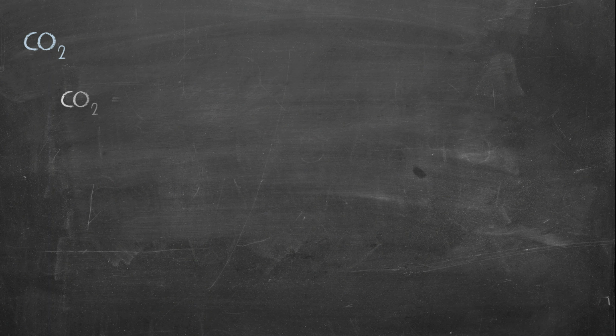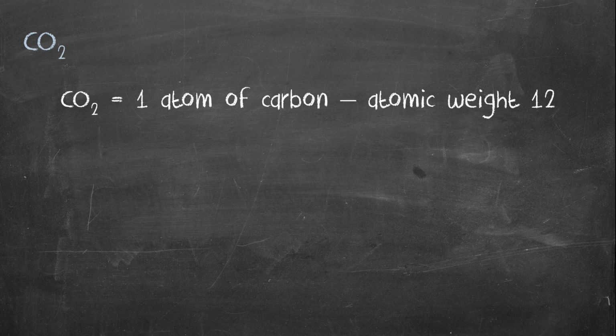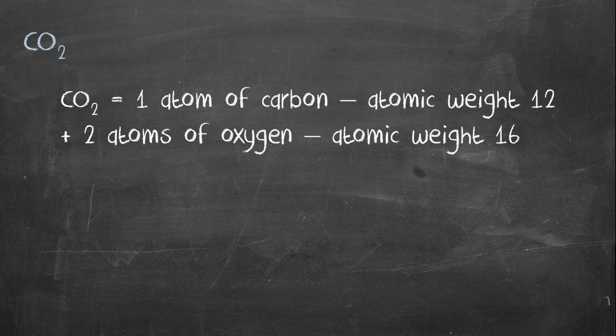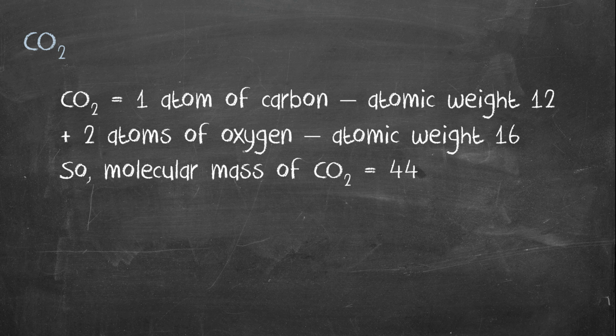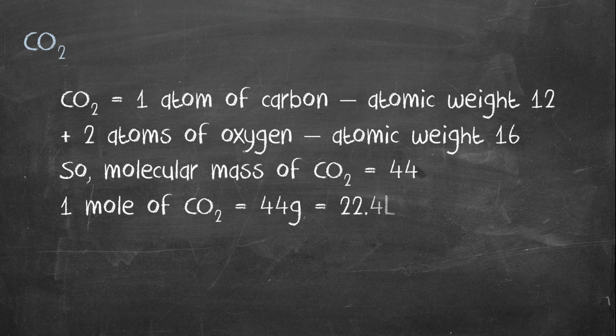Carbon dioxide: one atom of carbon has an atomic mass of 12, plus 2 atoms of oxygen with an atomic mass of 16. That gives you a molecular mass of 44. So 1 mole of carbon dioxide is 44 grams. One gram molecular weight is a mole.